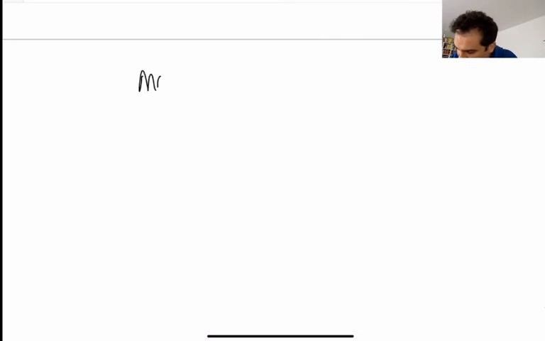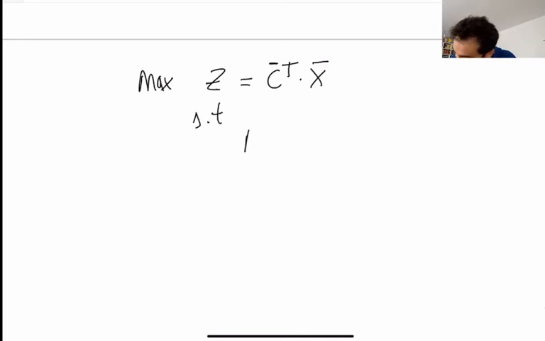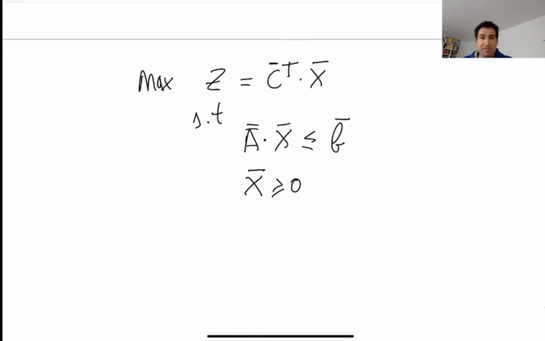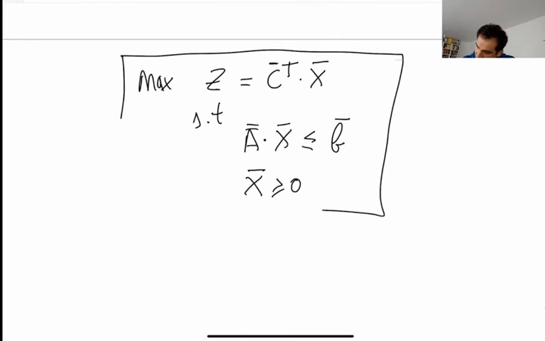We want to maximize z, which is a scalar, equal to C transpose, right, times X, subject to A, this is a matrix, times X lower or equal than B, and this is a column vector, in which the vector of decision variables X is greater or equal than 0, or it belongs to the real positives, right?